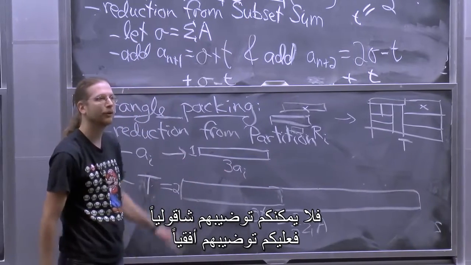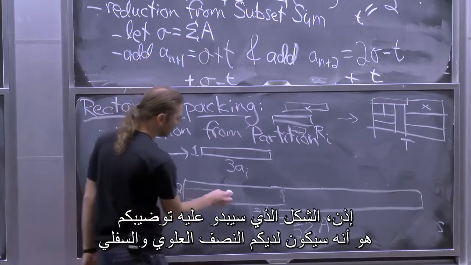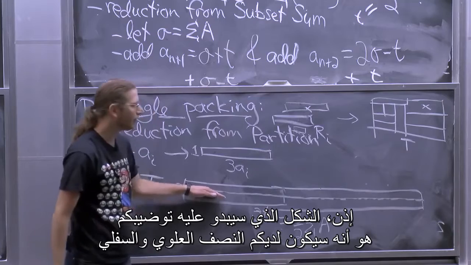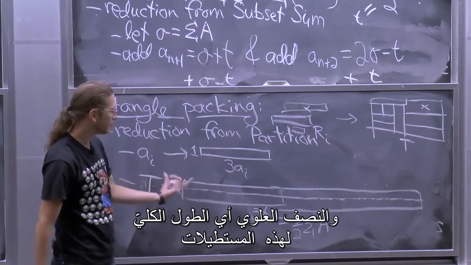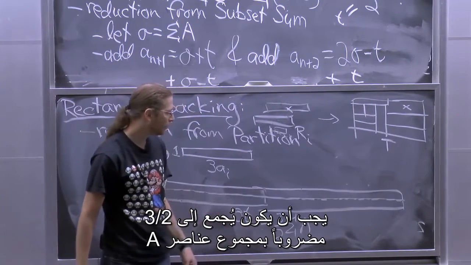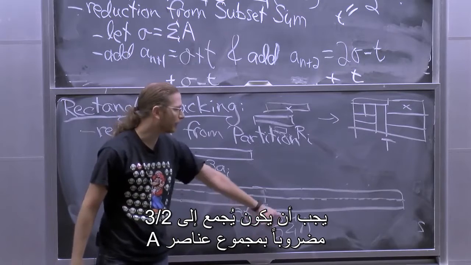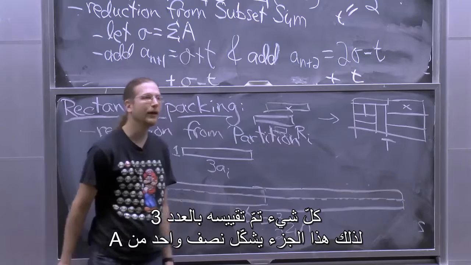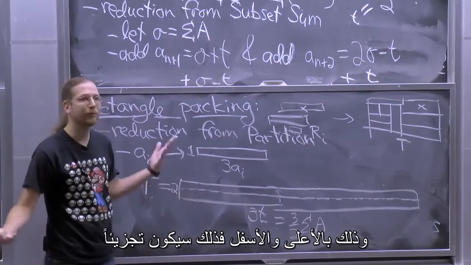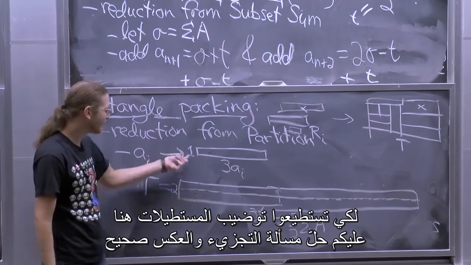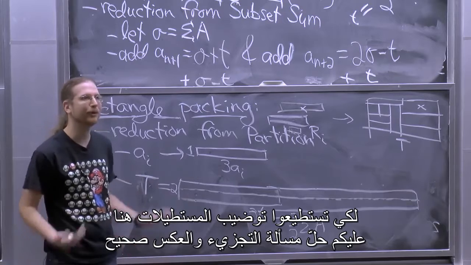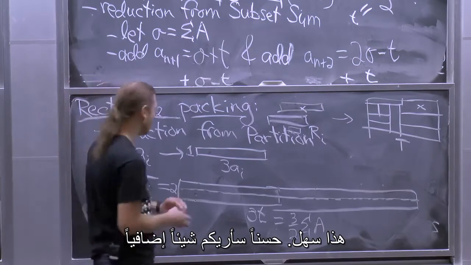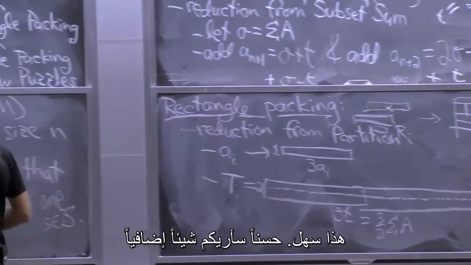They have to be horizontal. So in fact, what your packing will look like is there'll be the top half and the bottom half. And the top half, the total length of those rectangles has to add up to 3/2 the sum of a. Everything was scaled up by 3. So that's 1/2 of a on the top and the bottom, that's a partition. In order to pack the rectangles into here, you have to solve the partition problem and vice versa. Easy. OK. Let me show you one more thing.